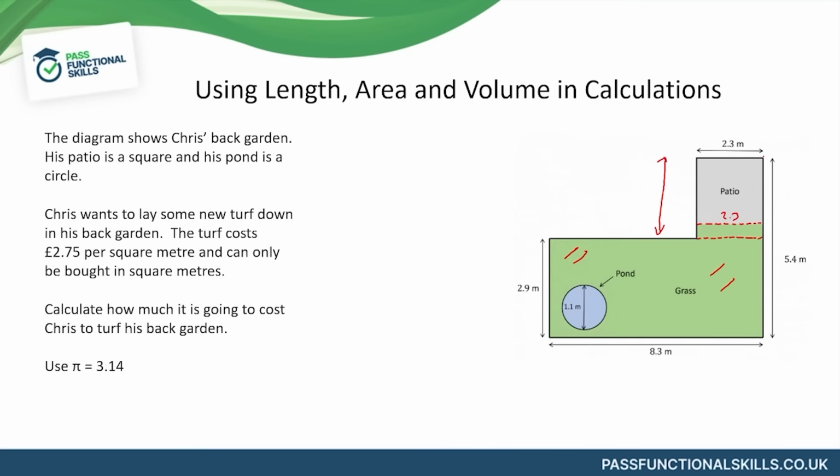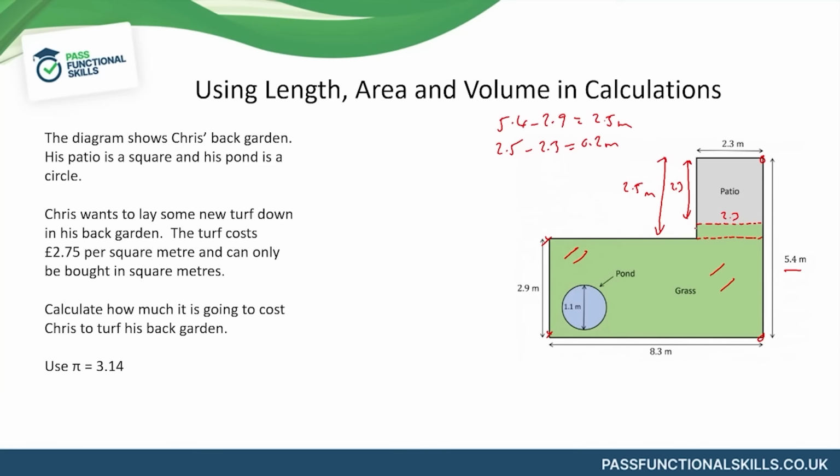Now from this point here to this point here it's 5.4, and from here to here is 2.9. So the distance from here to here is going to be the difference, which is 5.4 minus 2.9, and that is 2.5 metres. Now I know that because this is a square that this is 2.3 metres, so the difference between 2.5 and 2.3, I'll just write it down to be on the safe side, 2.5 take away 2.3 is 0.2 metres.